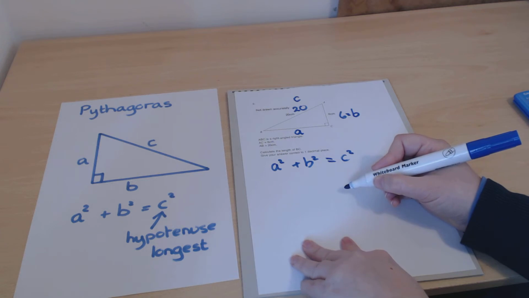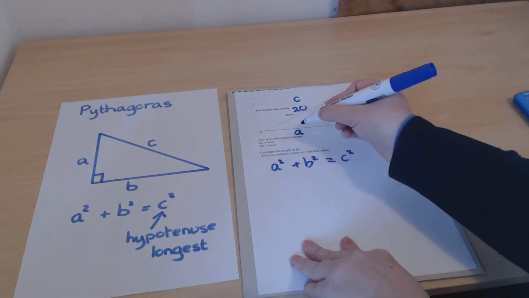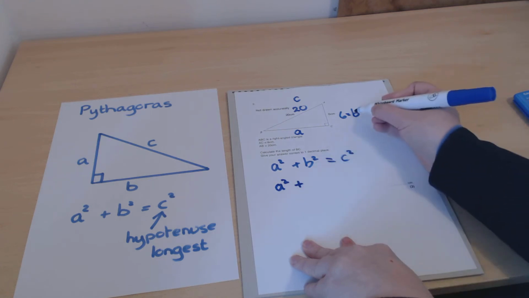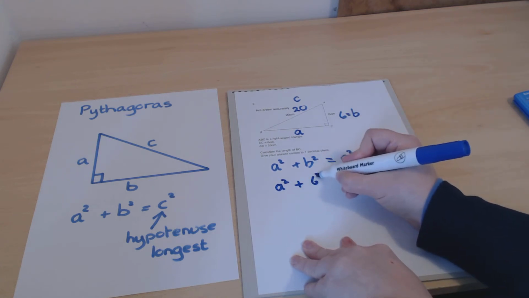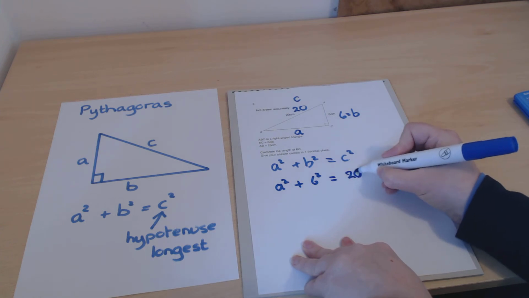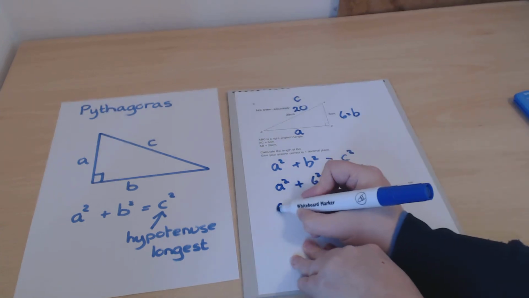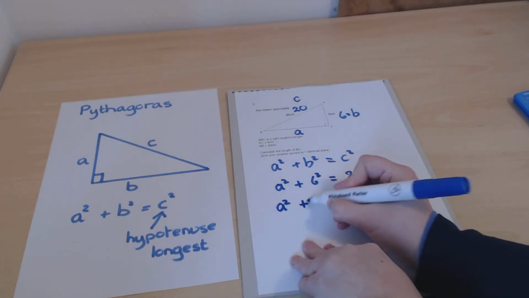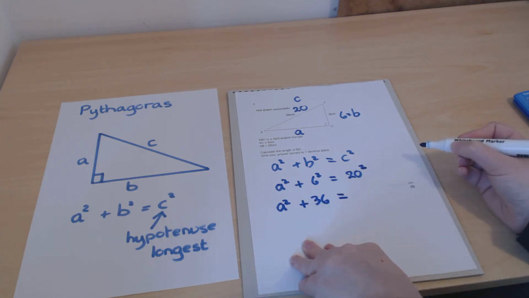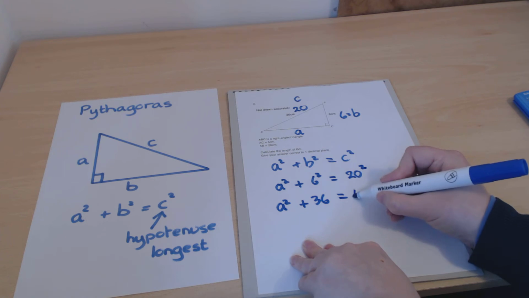Okay, so we put it into our formula. So we don't know A, so we leave that there. B is 6, so we want 6 squared equals C squared, which is 20 squared. So we've got A squared plus 6 squared, which is 36, and 20 squared, 20 times 20, is going to give us 400.